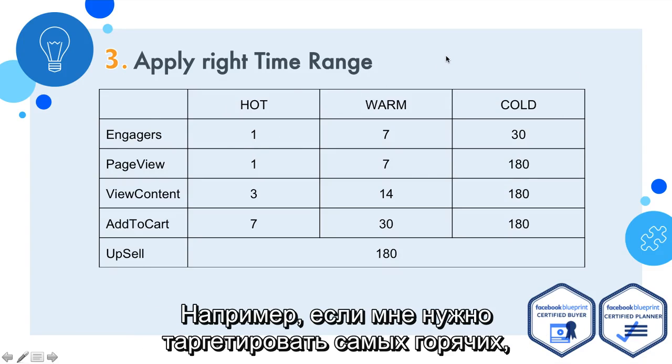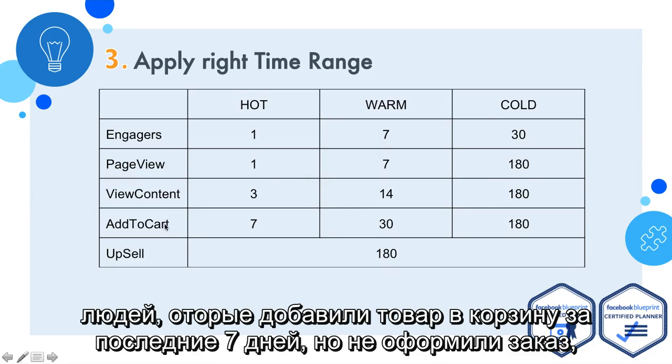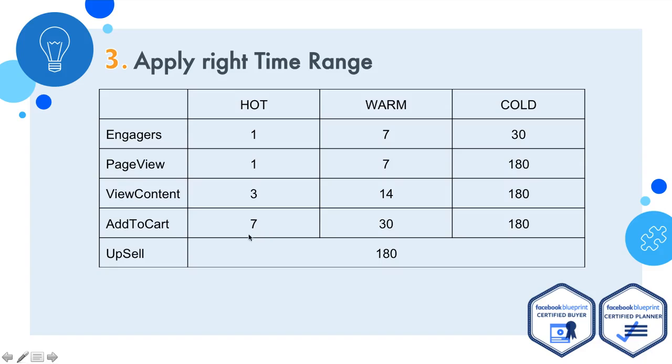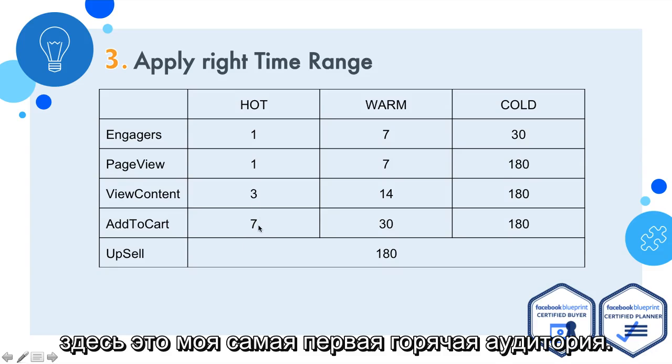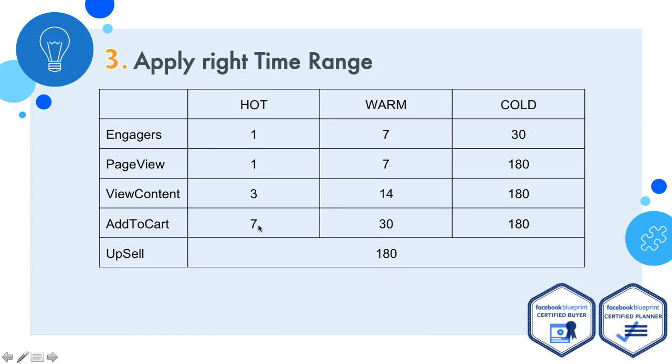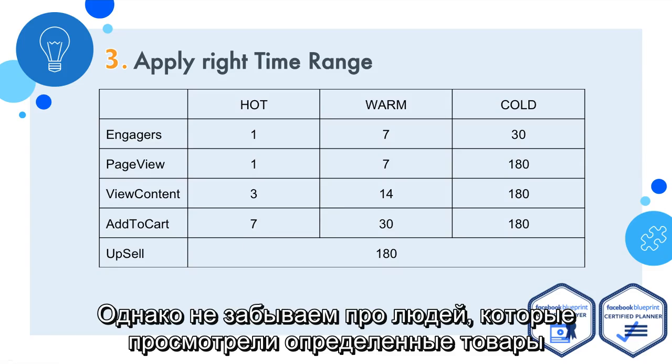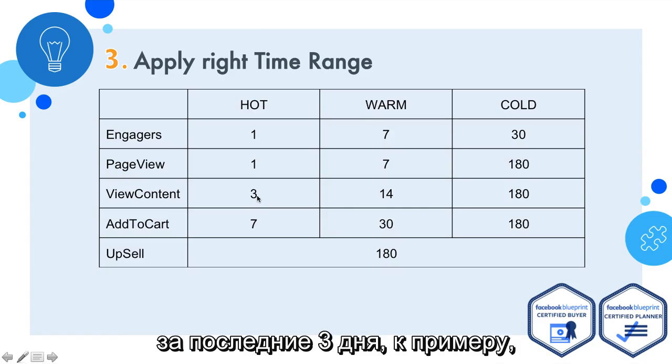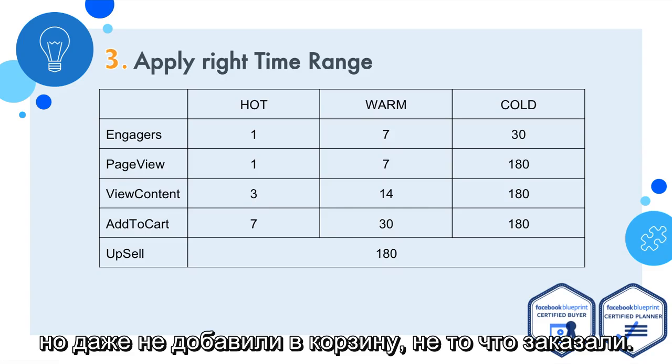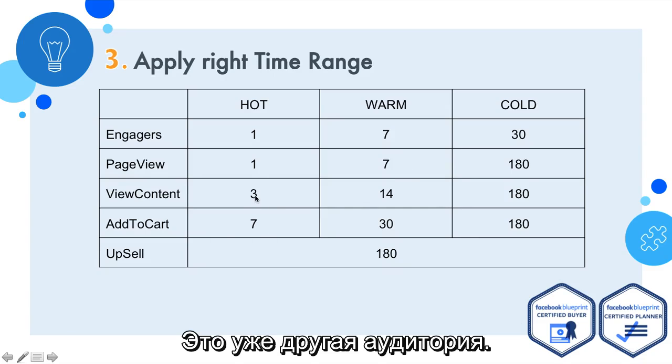For example, if I want to target the very hot ones, people that have added to the shopping cart in the last 7 days and have not purchased, that's my hot retargeting number one. However, there are also people that have viewed a specific content in the last 3 days, for example, and have not even added to the shopping cart or at least have not purchased. Well, that's also another audience.